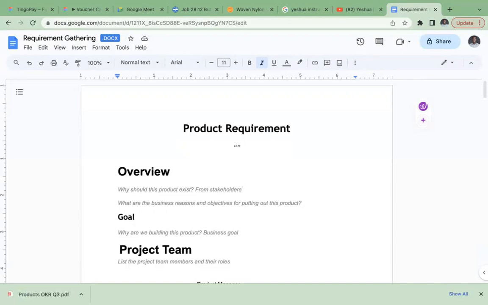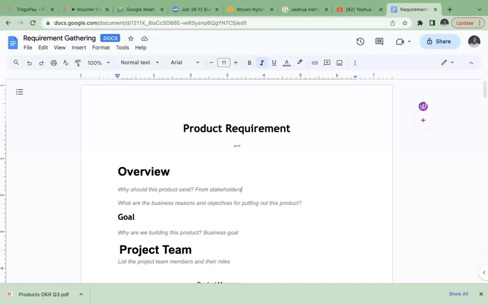They would like to know the profitability, visibility of that product in the market, the end users, and so on. So they will just try to do a research about it and know the intention of the stakeholders in developing that product. So this is a requirement gathering document.